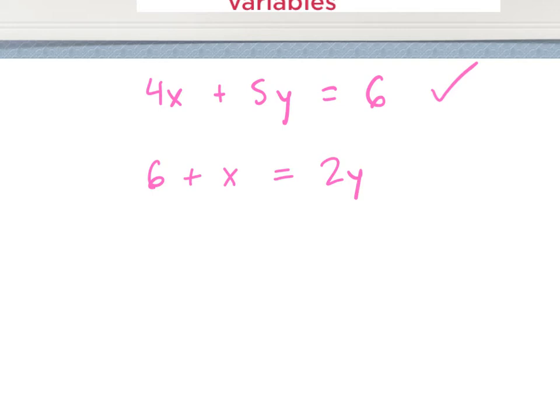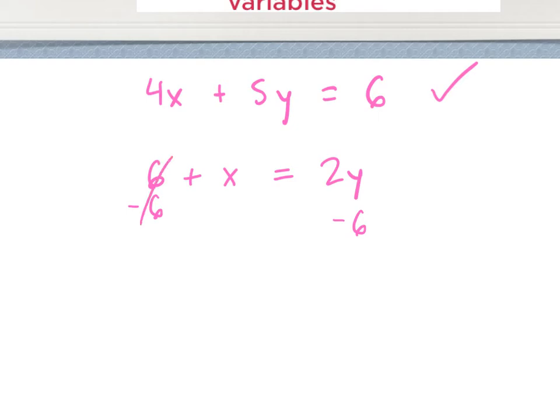We can't multiply, so we can't change the y to be with the 6, but we can subtract 6 on both sides to move the 6 over to the right side.